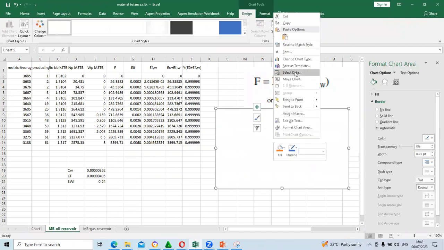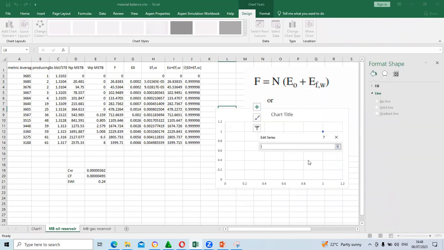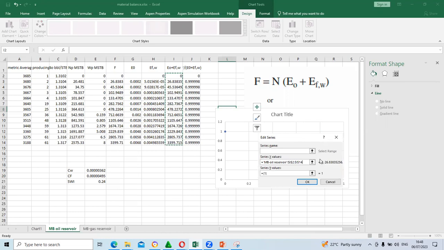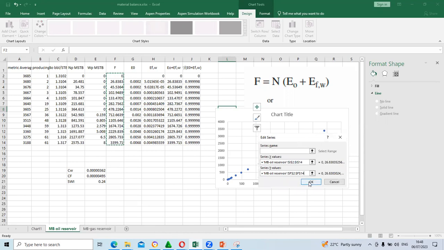We select our graph data. On the x-axis, we have Eo plus EFW, and then on the y-axis, we have F. So plot that. It gives us a straight line.